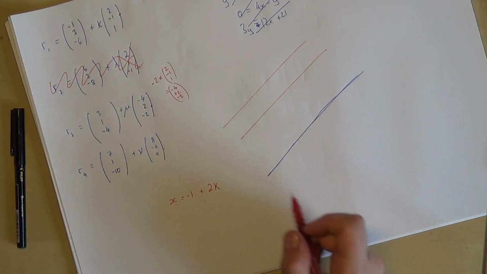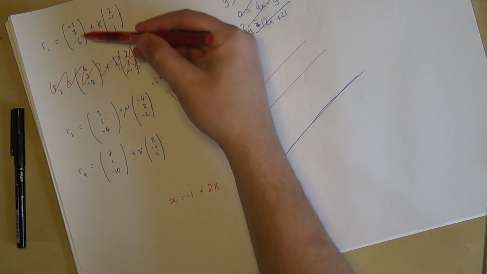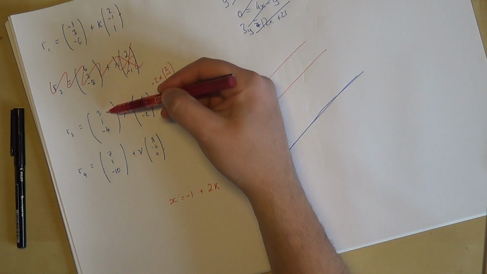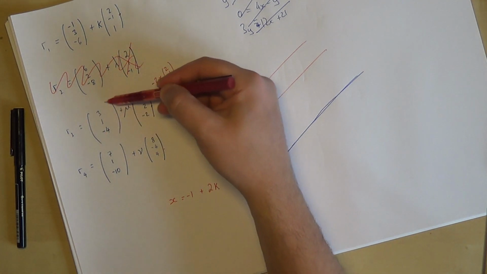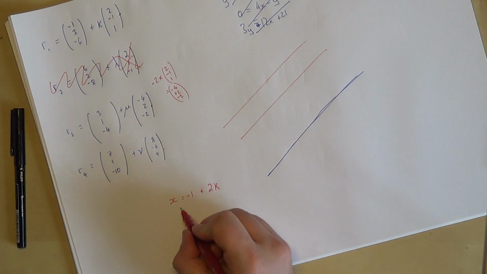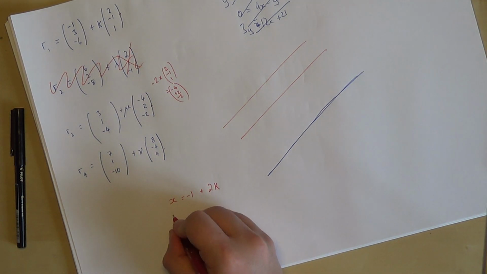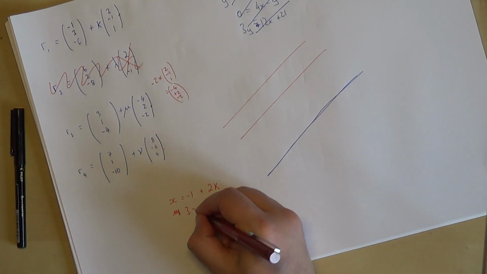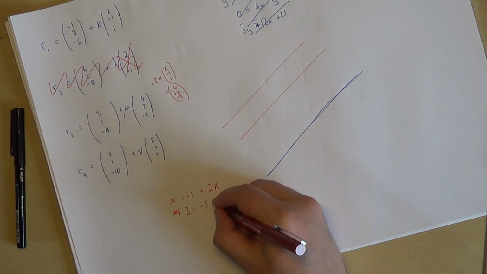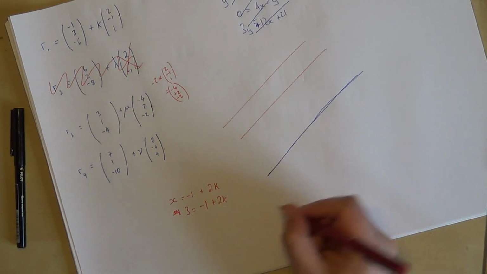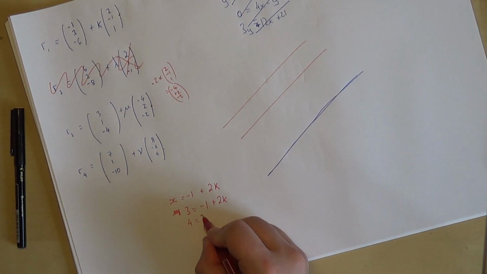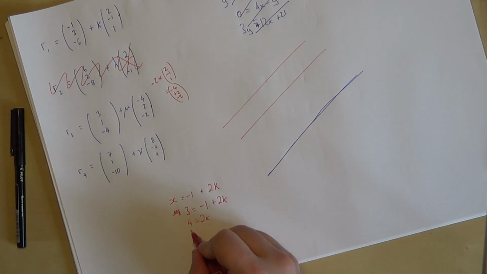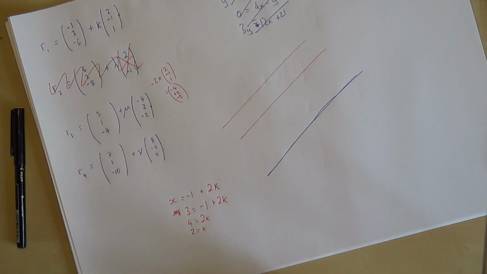Right? Now, if R1 is the same as R3, we can get to this point here in those steps. So let's just check that out. This is 3, we're going to get to 3. 3 is negative 1 plus 2 kappa, add 1 to both sides, 4 is 2 kappa, so 2 is kappa.